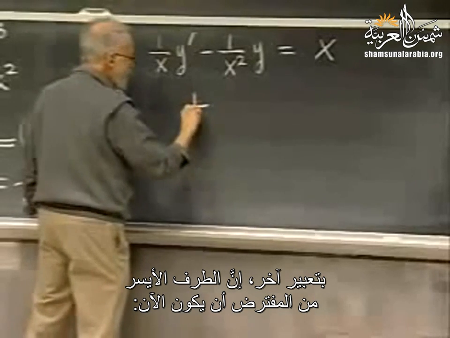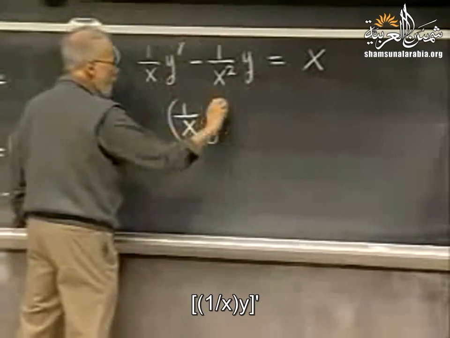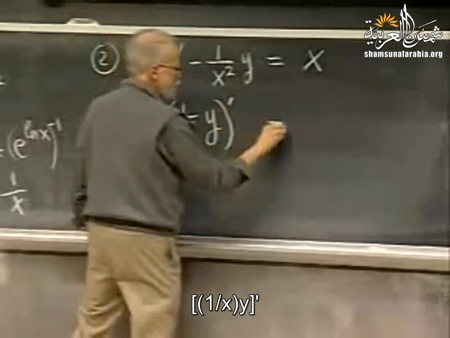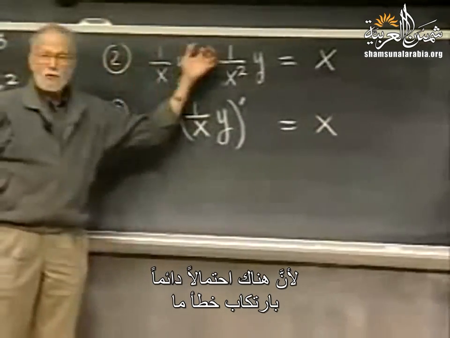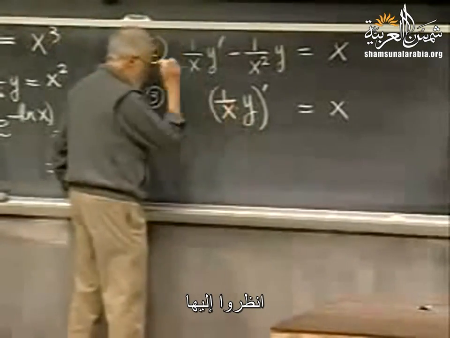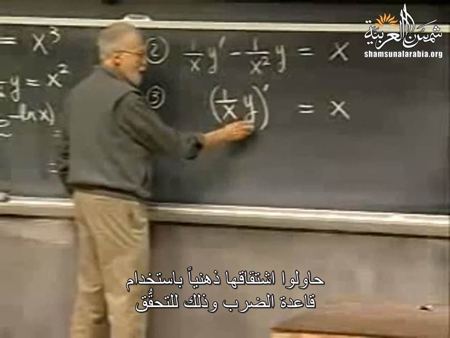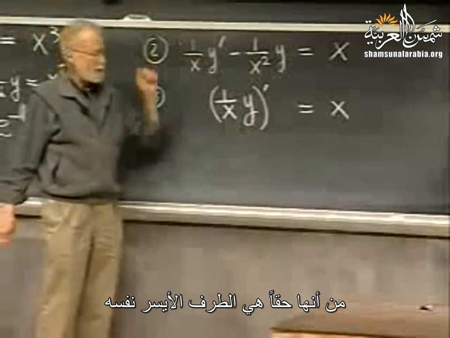In other words, that the left-hand side is supposed to be now 1 over x times y prime. I always put in that because there's always a chance you made a mistake or forgot something. Look at it, mentally differentiate it using the product rule just to check that in fact it turns out to be the same as the left-hand side.